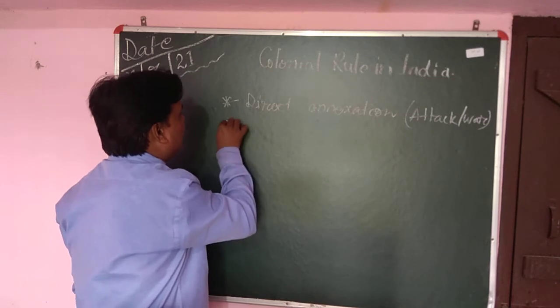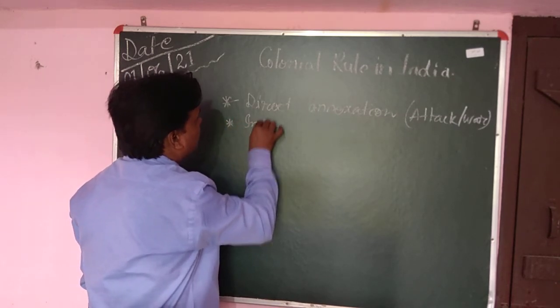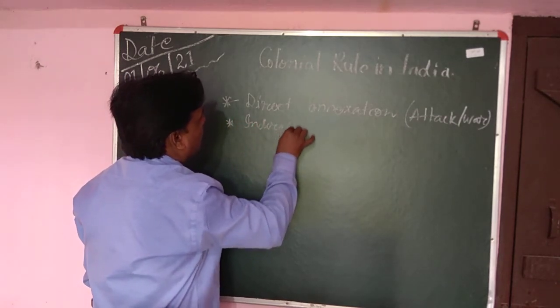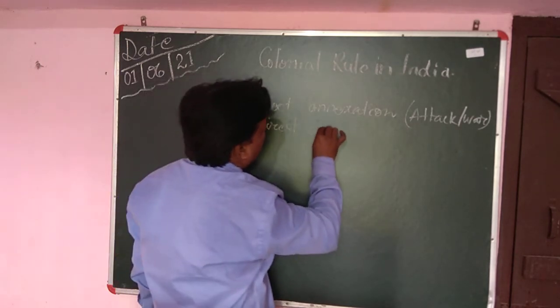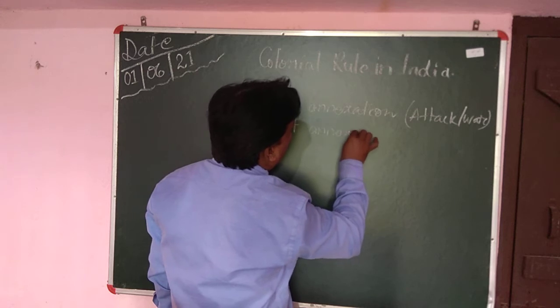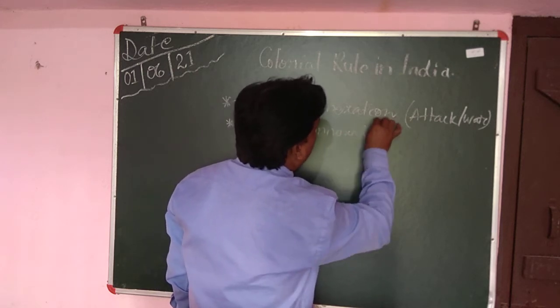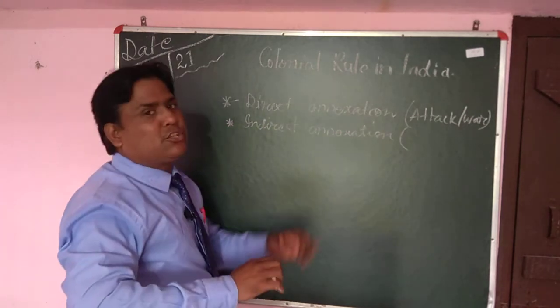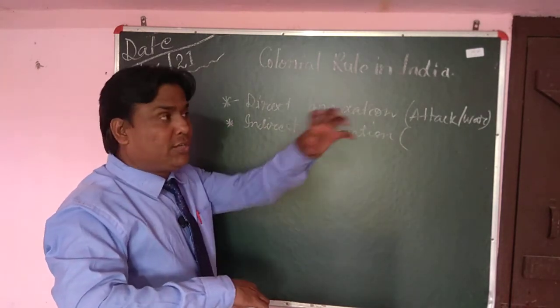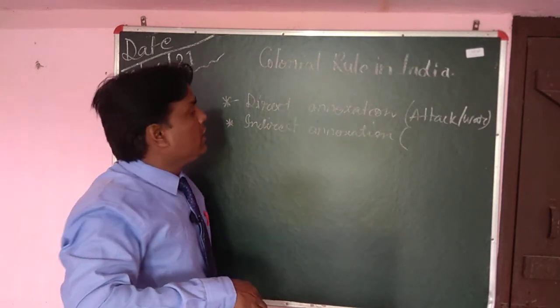And indirect annexation was that, the areas which were annexed. Annexed means to cut down a territory, to get control from others.